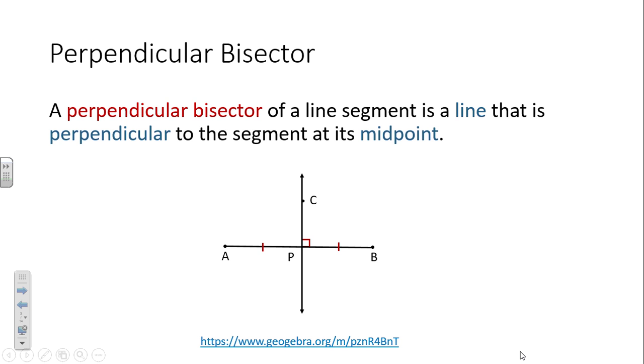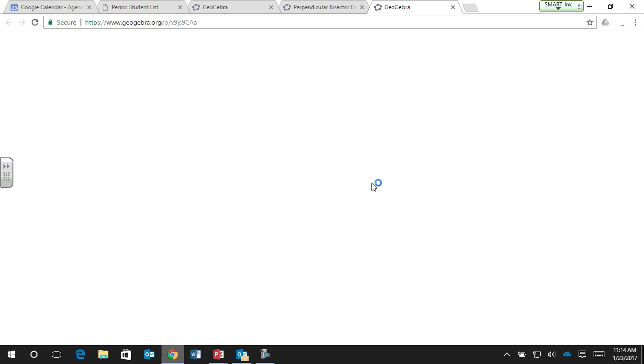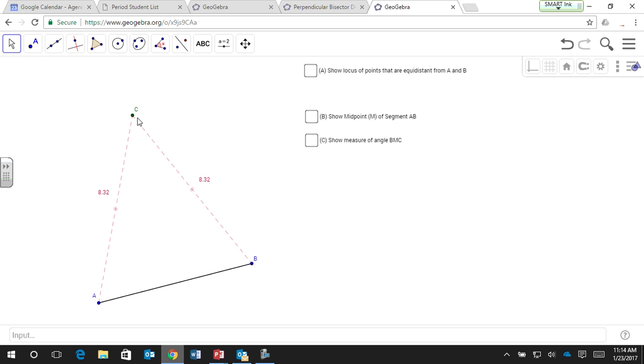Okay, so let's talk about the perpendicular bisector theorem. So when we bring this little applet up, it's going to tell us that if we bring point C down, and you can't really see that, let me change the settings here.